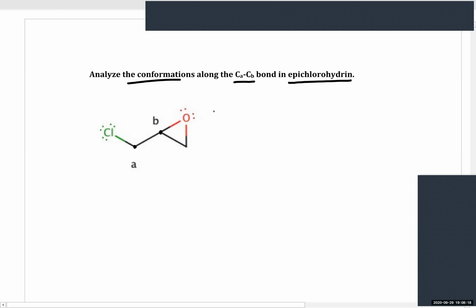Identify and draw out all the Newman projections from 0 degrees all the way to 300 degrees dihedral angle. And I'd like you in turn to tell me and draw out the highest and lowest energy conformation.